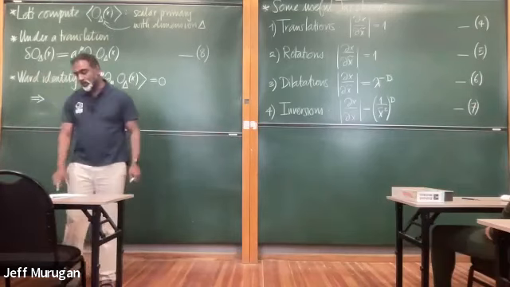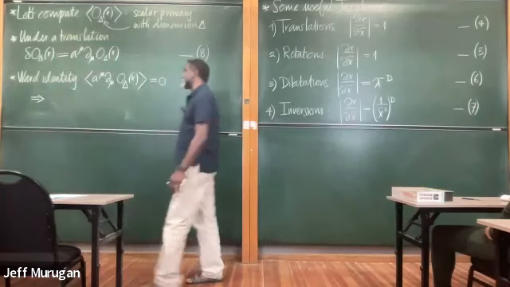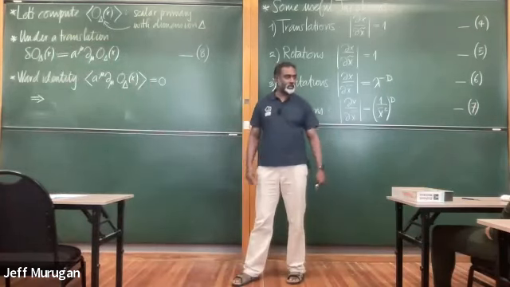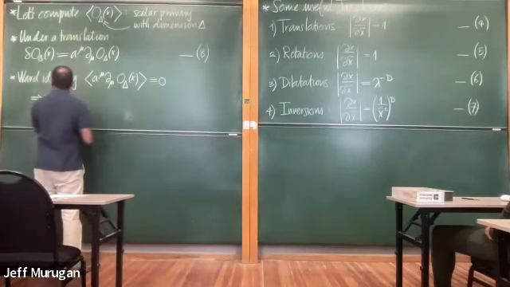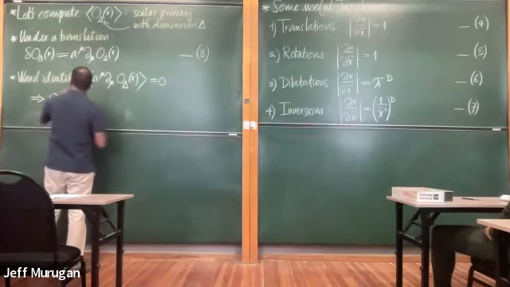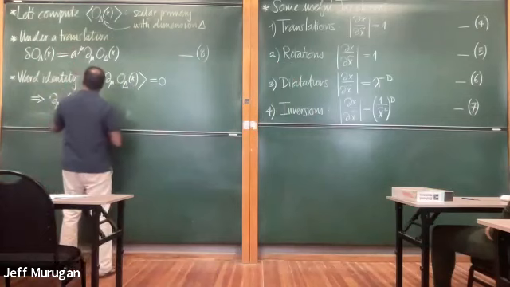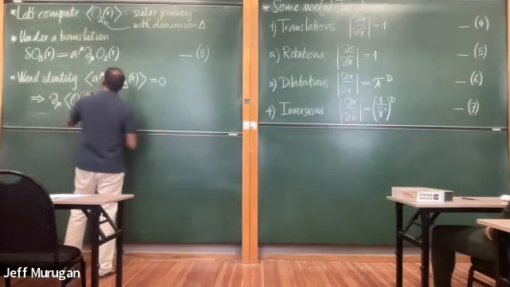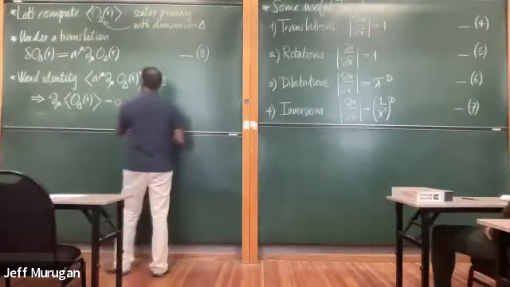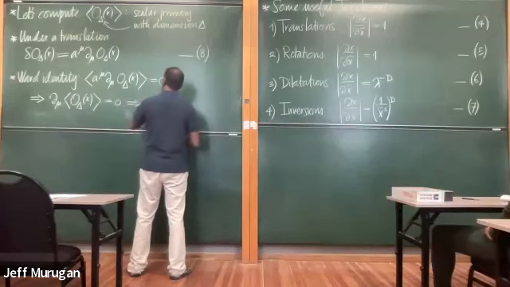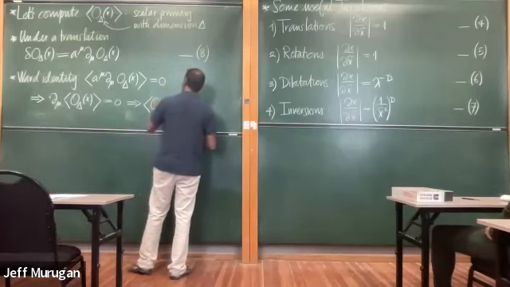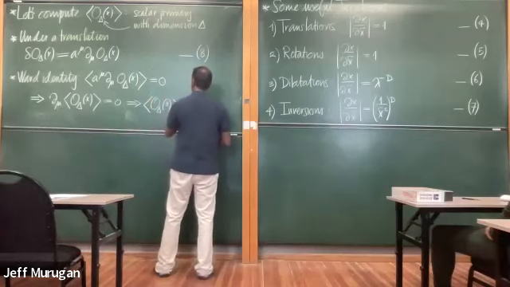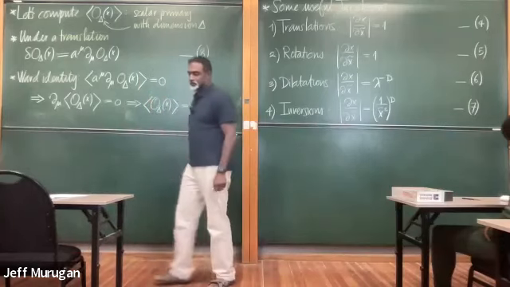Because this must be true for any infinitesimal vector A mu that parameterizes the translation, this implies that d mu of O of x must equal 0, which means the one-point function must be a constant.